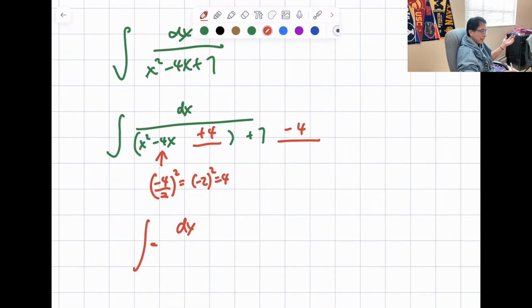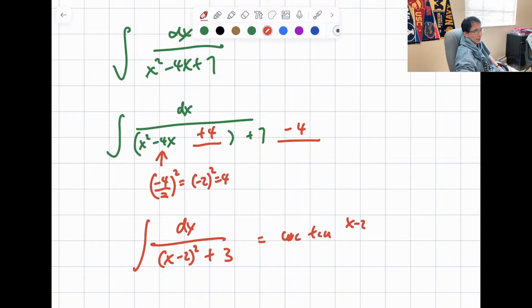So in a way, that's going to be x minus 2 squared plus 3. Why is that good? Because this is in the format of what? Arcsine, arctan, arcsecant. It's arctan. So it'll be arctan of x minus 2 over root 3, times 1 over root 3, plus c.